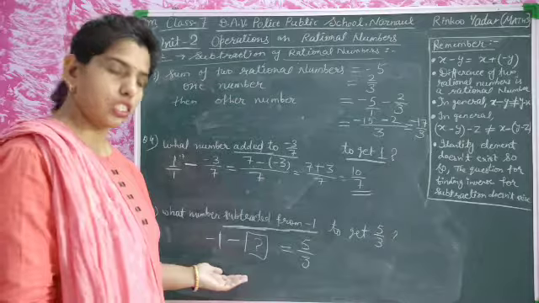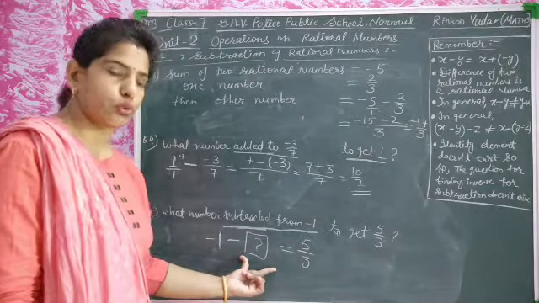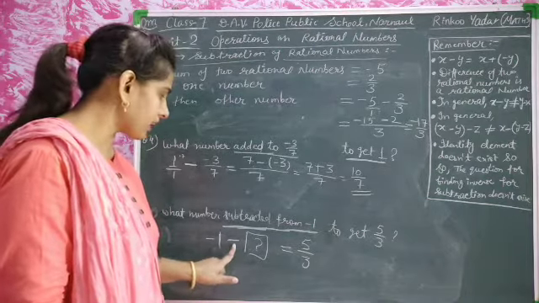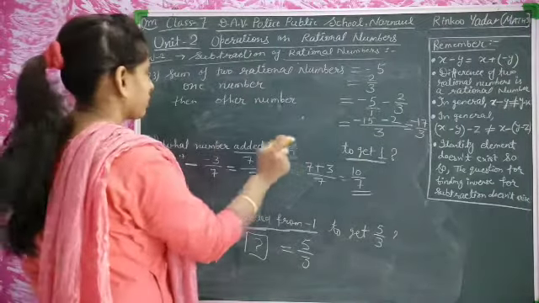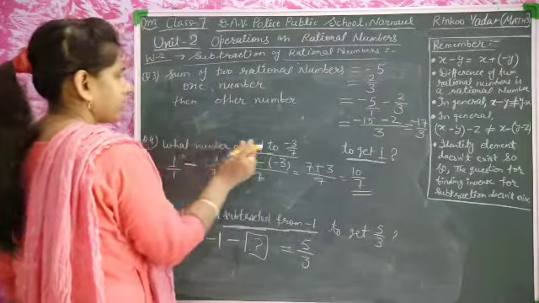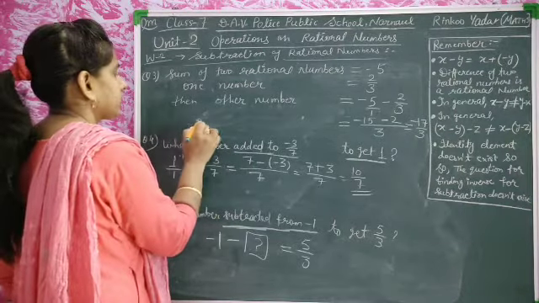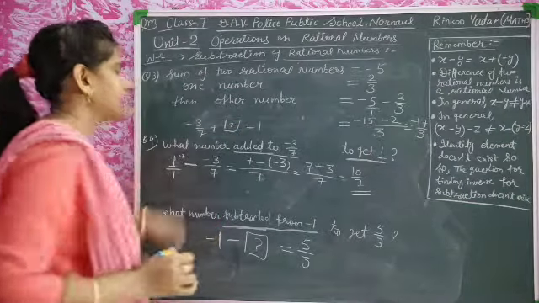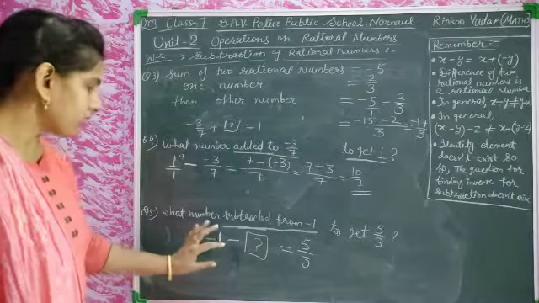Same process. It means we are finding this number. Earlier I took what number added to -3 by 7 to get 1; there was the plus sign, here there is the minus sign.